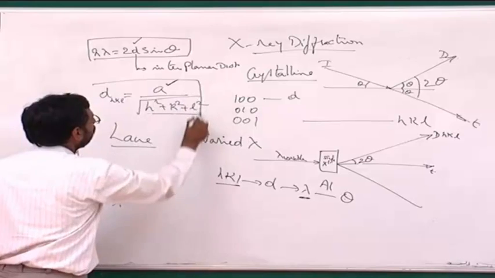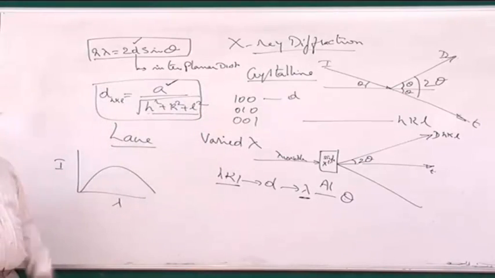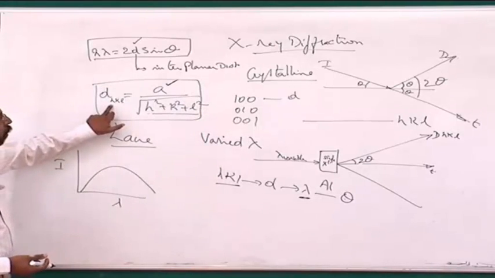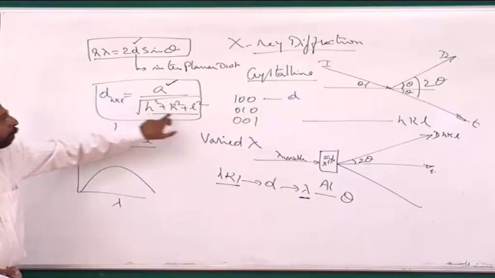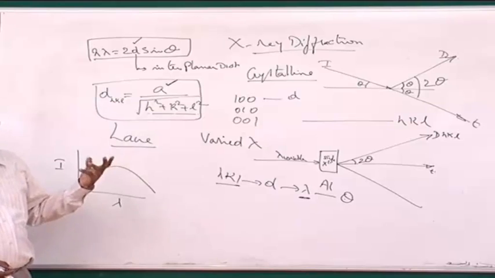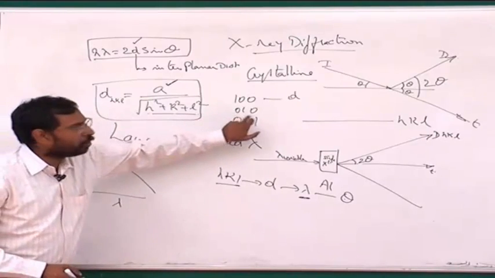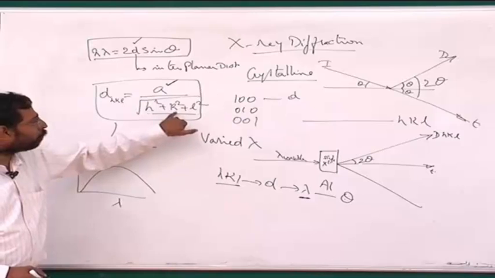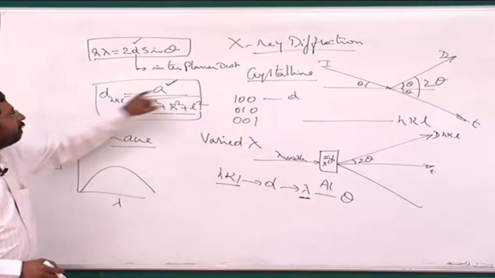How do I see that? Because you can see this is the relation. D of 1, 0, 0 is a by the square root of 1 square plus 0 square plus 0 square, that is equal to a by 1, that is a. For 0, 1, 0, it is again 0 square plus 1 plus 0, again it is a.